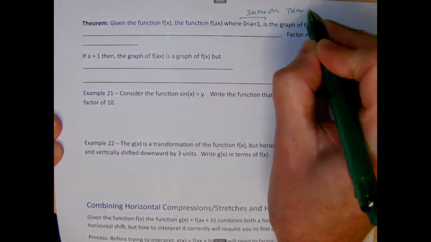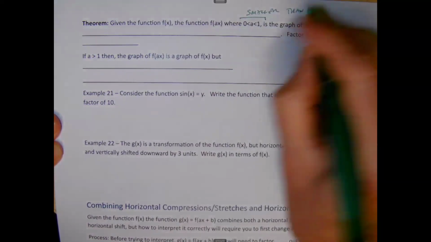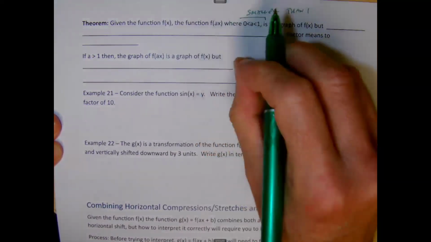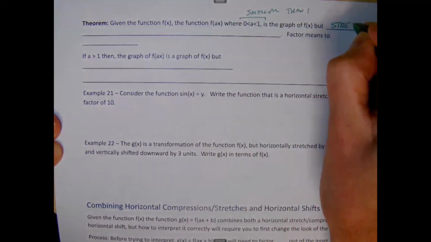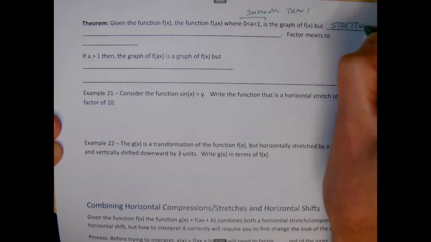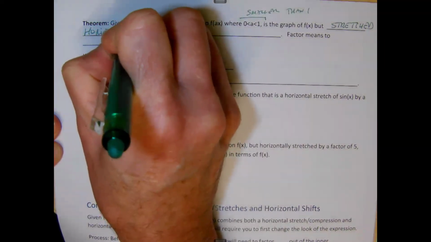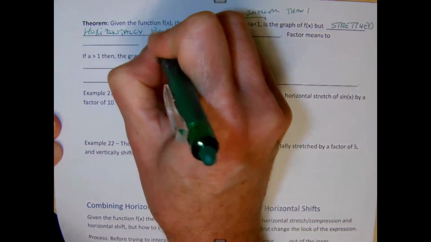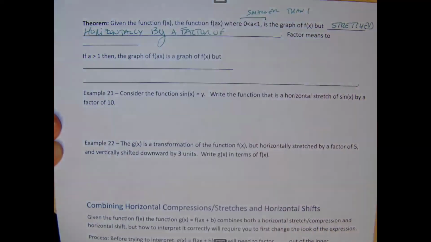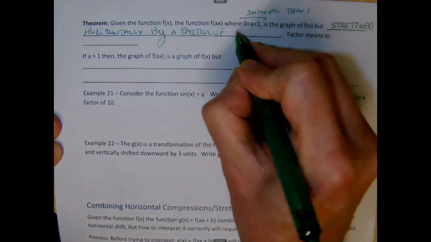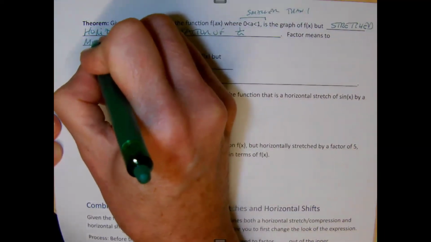When the thing I'm multiplying is between 0 and 1, the graph is stretched horizontally by a factor of 1 over a. Factor means to multiply, just as a reminder.